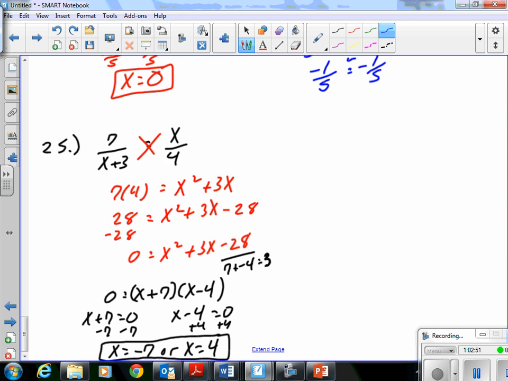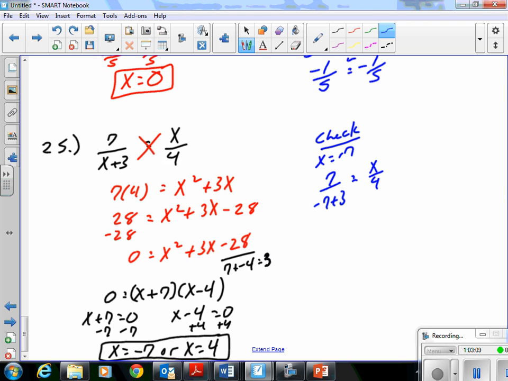Once again, we still got to check it though. So we got two answers to check this time. So if I do x equals negative 7, that's going to be 7 over negative 7 plus 3 equals x over 4.